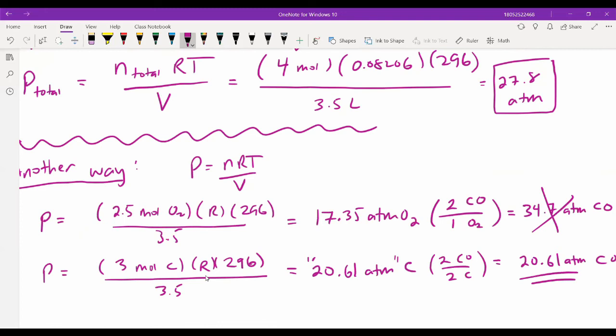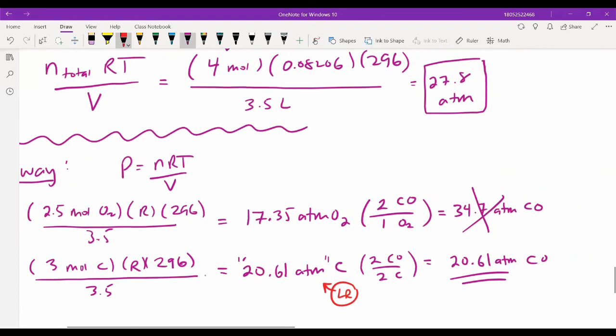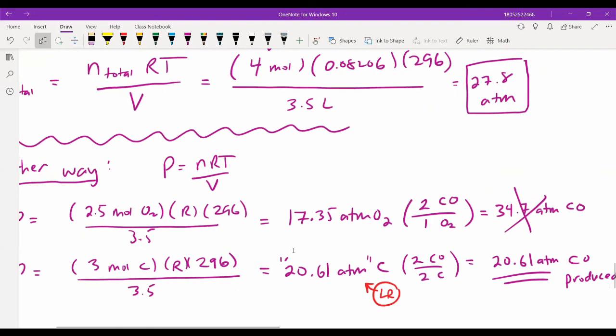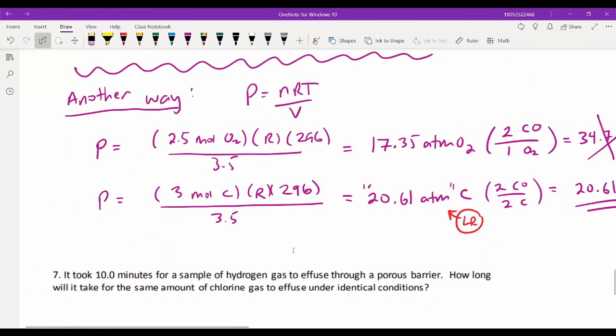We've found the limiting reactant this way is the carbon, right? And we've now figured out how much carbon monoxide is going to be produced in atmospheres, right? And then we still need to figure out the excess oxygen.